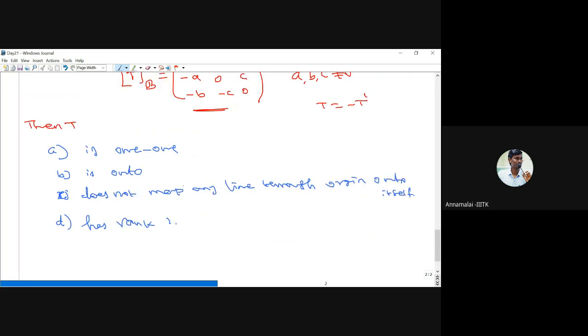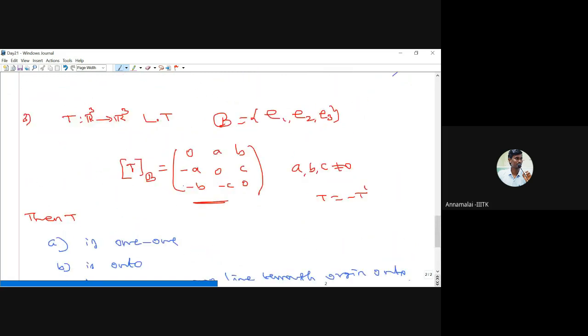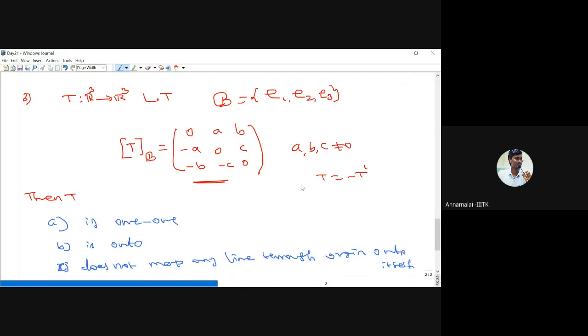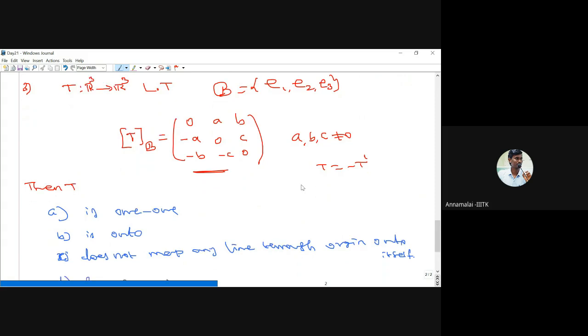Now, what can you say about this linear transformation? Here A, B, C are non-zero real numbers. We can easily check the rank. What is the determinant of this matrix? If the determinant is non-zero, then the rank is 3.